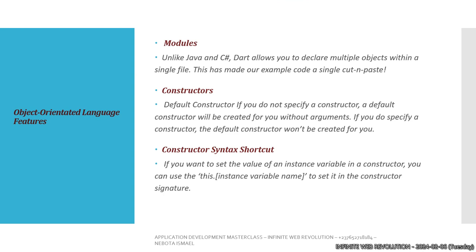Yes, so we have what we call classes. Classes hold properties and behaviors of objects. So what are objects? Objects represent entities or things in the real world, right? Now a class is simply a blueprint or template for creating an object.